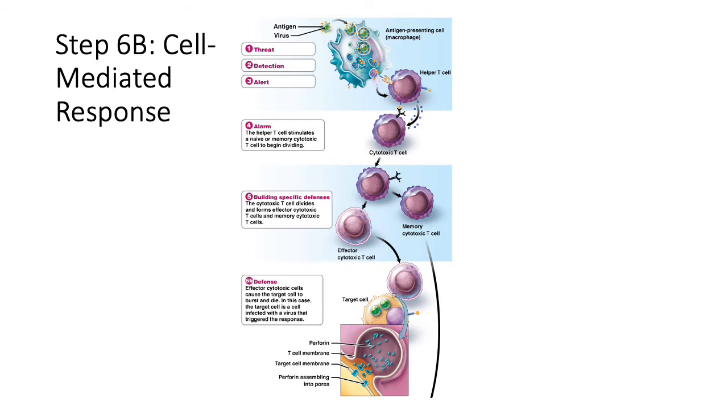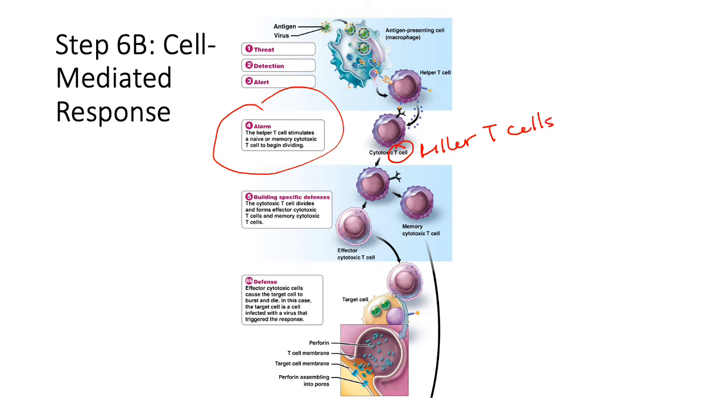Remember, the other response is the cell-mediated response, where again, after the alarm has been mounted, we have our helper T cell, and it's going to go on to stimulate a T cell this time. Specifically, it's going to get those cytotoxic T cells, those killer T cells.